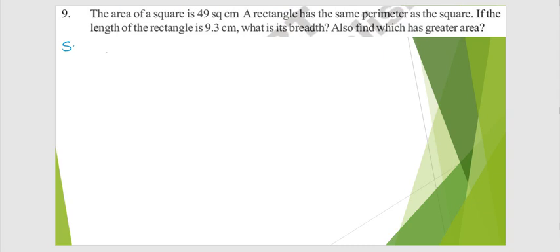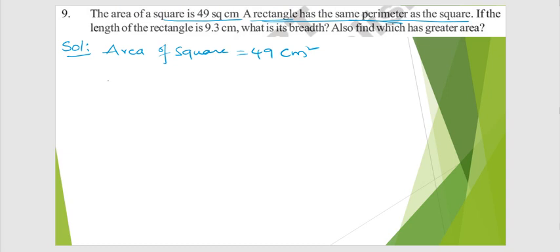So what is the question given? The area of a square is 49 square centimeters. So first, what has he given? Area of square. So area of square is equal to 49 centimeter square. Next, a rectangle has the same perimeter as the square.